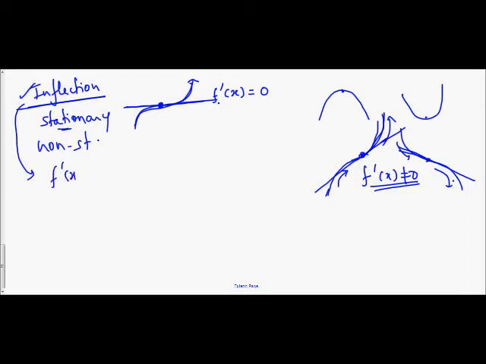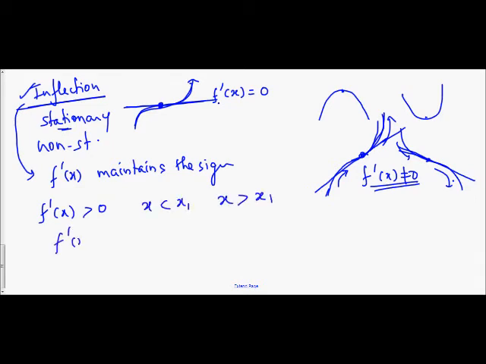Here f dash x maintains its sign before and after the point. That is, f dash of x is either positive when x is less than x1 and x is greater than x1, or it is negative for both, so either both negative or both positive: positive positive here and negative negative here.